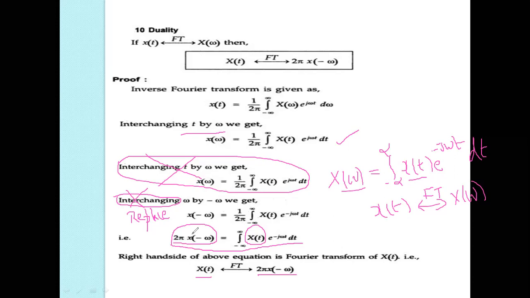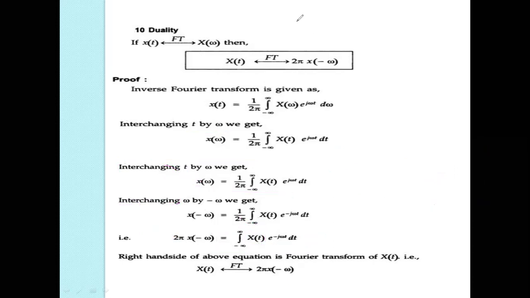And the 2 pi can cross multiply here, 2 pi into x of minus omega equals integral minus infinity to infinity x of t e power minus j omega t dt. So now these two are Fourier transformation pairs. So x of t in the time domain, on the left-hand side, is a Fourier transformation pair with 2 pi into x of minus omega. Follow me, students.